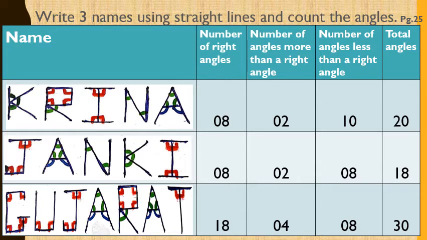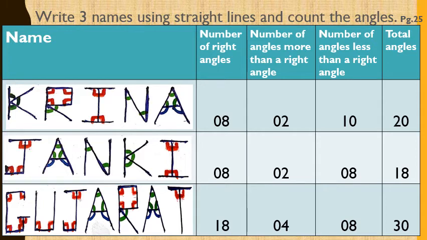In the name Krina, the number of right angles are 8. The number of angles more than a right angle are 2 and the number of angles less than a right angle are 10. So, total number of angles are 20.